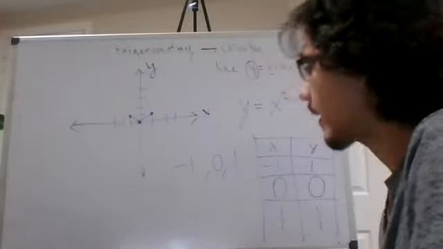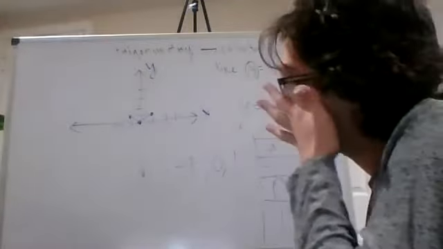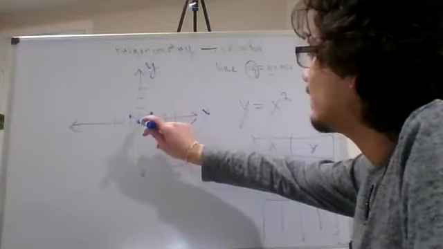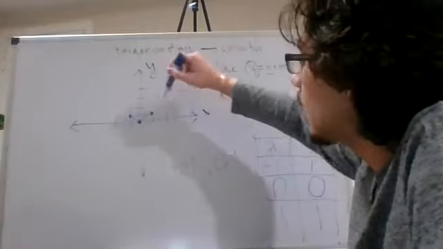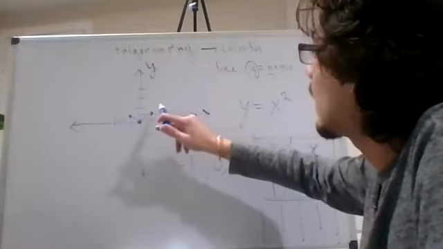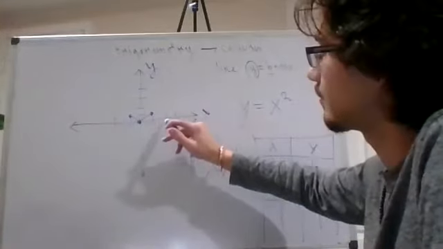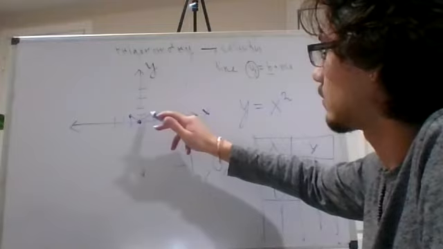Yes, sir. Okay. So if we use just these 3 points, what would we think that y would be at x equals 2? It would be 4.